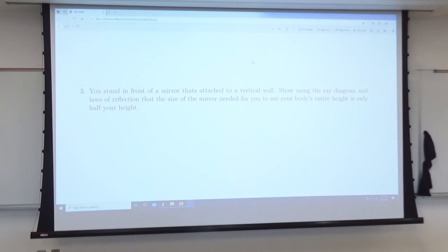occurs when light traveling in a medium, let's say the medium is air, hits another medium. So let's say this is another medium. Let's say that's water. Okay? So when the ray hits the boundary between the two media and the light is bounced back in the same medium. Okay?